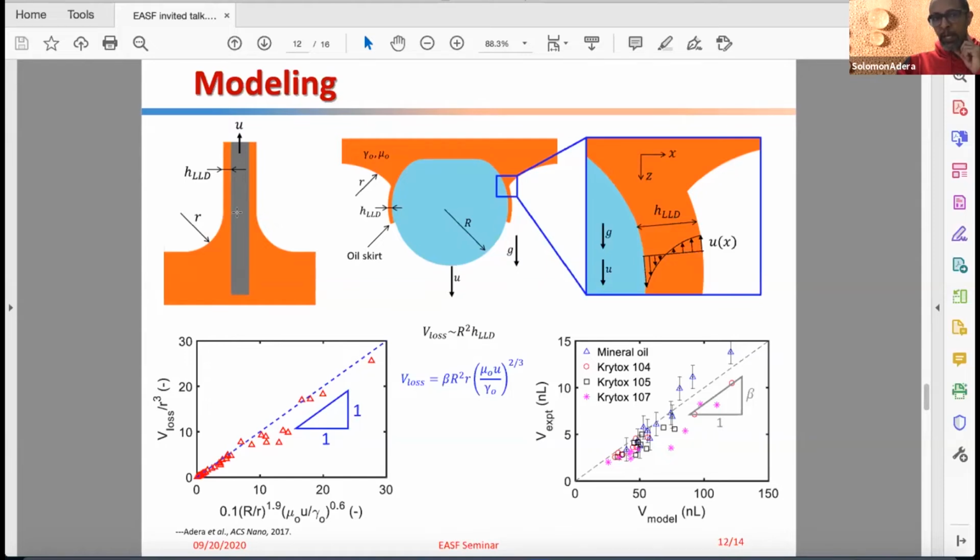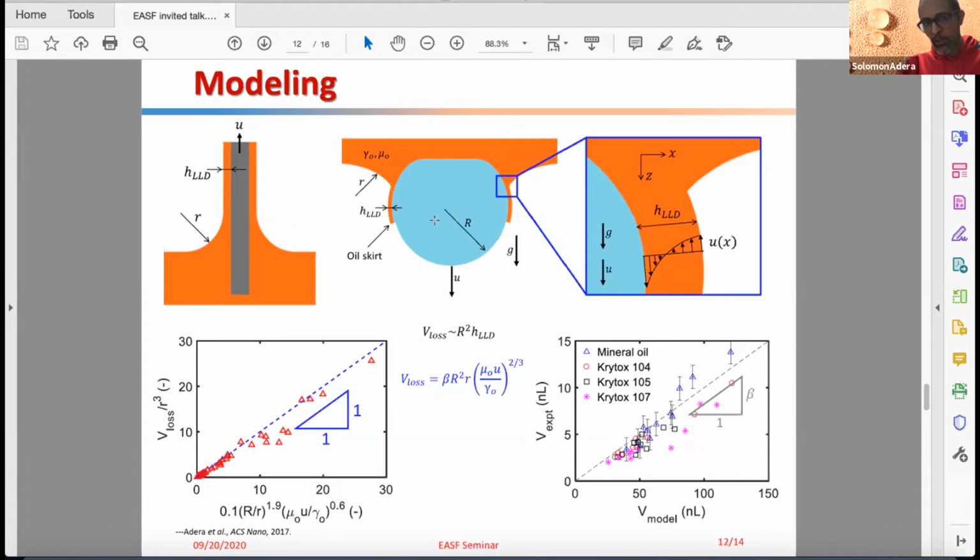And when a flat plate is pulled from a viscous liquid, the Landau-Levich drawing thickness, that's the equilibrium thickness far from the bulk liquid, scales with the capillary number raised to 2/3. This is a theory that's been around for a very long time and has been validated.